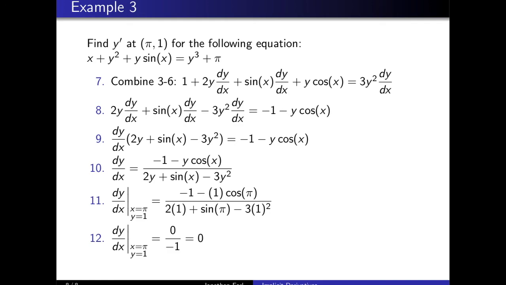Cosine of pi is minus 1, so our numerator is going to be minus 1 minus minus 1, so that's 0. And what we see is that our denominator is non-zero. We'd have a sine of pi, which is 0, and then we have a 2 minus 3, so our denominator is minus 1. Our numerator is 0, so that tells us the tangent line at this point is going to be flat.